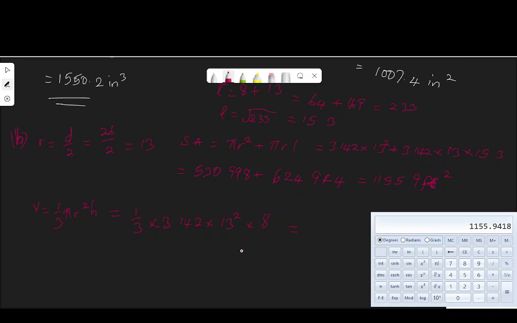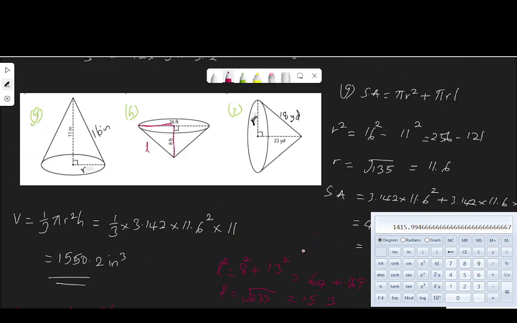Plugging that into the calculator, 13 squared is 169, times 8, times 3.142, and divided by 3 gives 1415.99. So 1415.99 feet cubed is the volume of that cone.